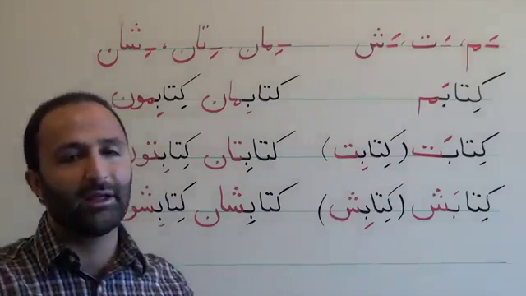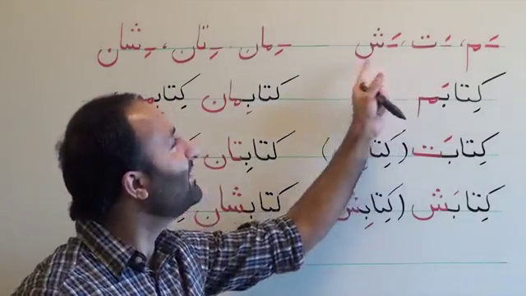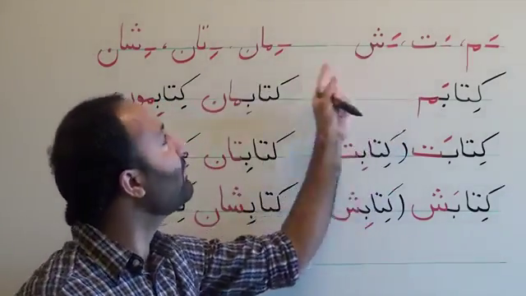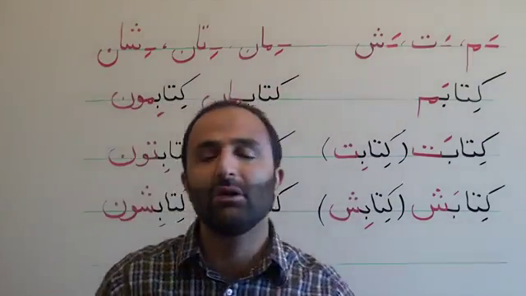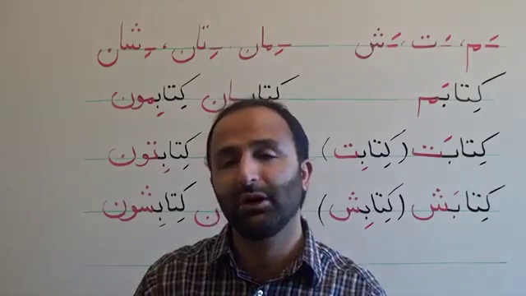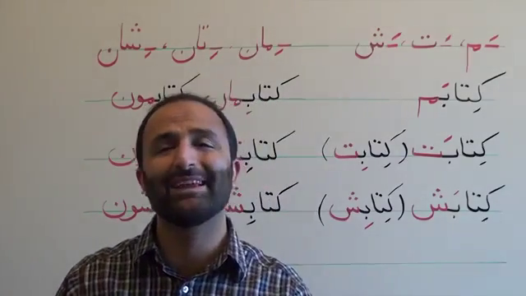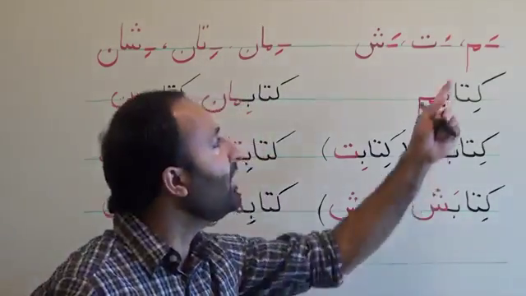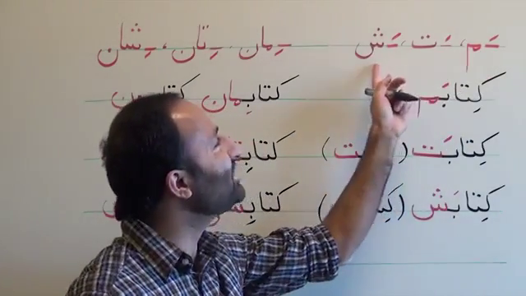Another point is that in order to memorize the singular and the plural forms, as you know, in Persian one of the ways to form a plural noun is to add the suffix an. Now here we have am, at, ash.